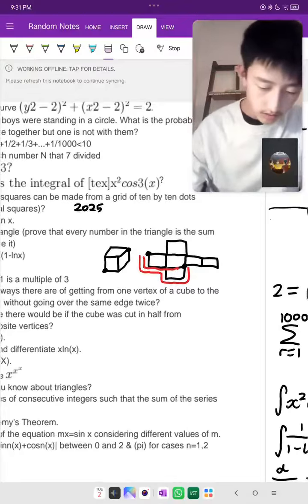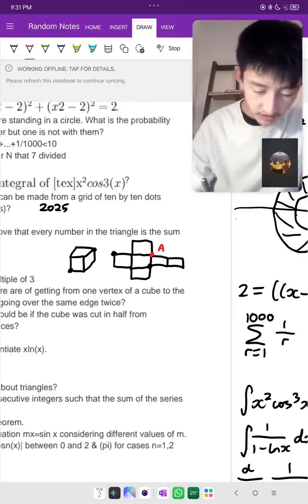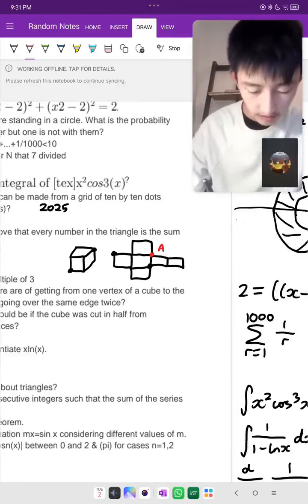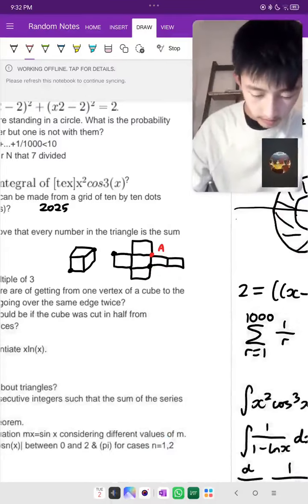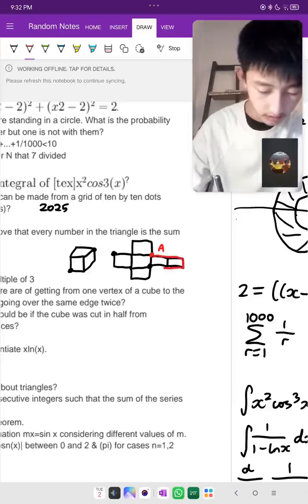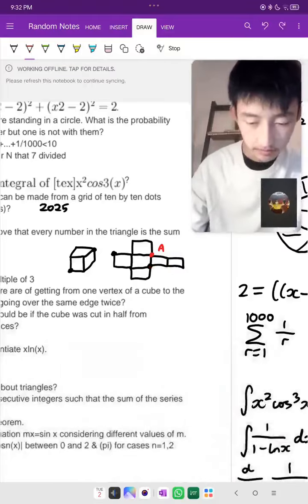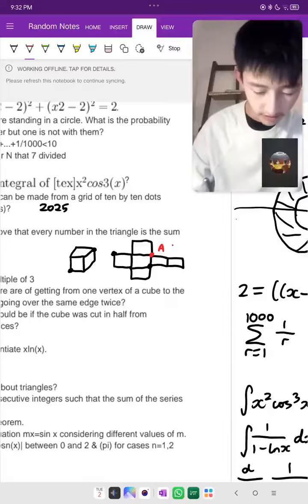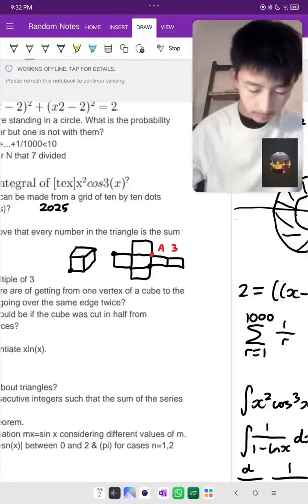What I could do is, let's say I get to this point, which I'm going to call point A. If I get to point A, then I can either go straight to the dot, I could do something like this, or I could do something like this. So I think that gives me 3 paths if I've got to A. I think that might help.